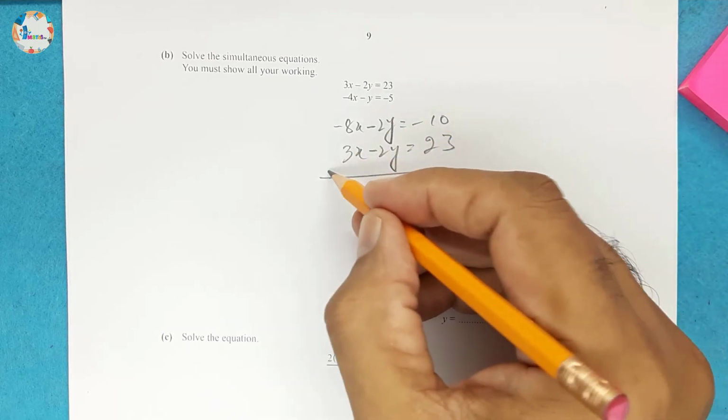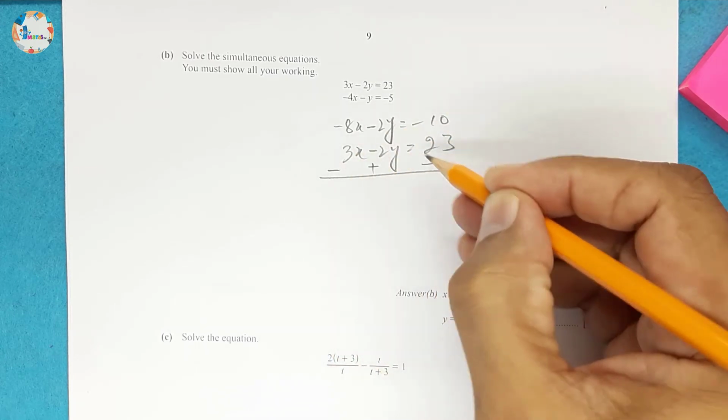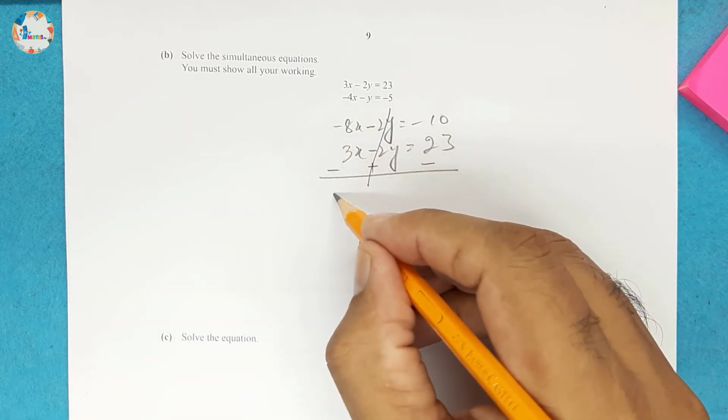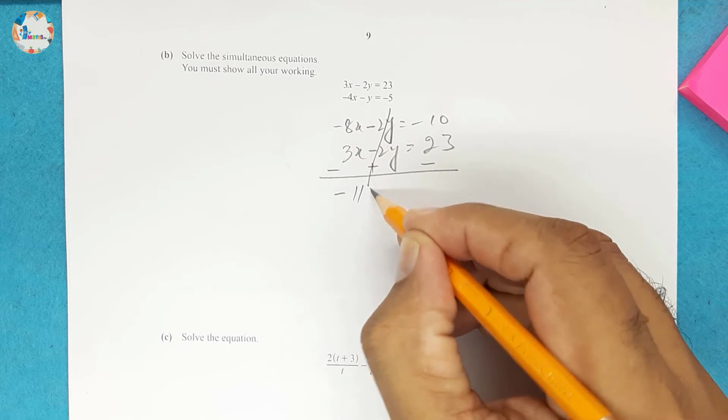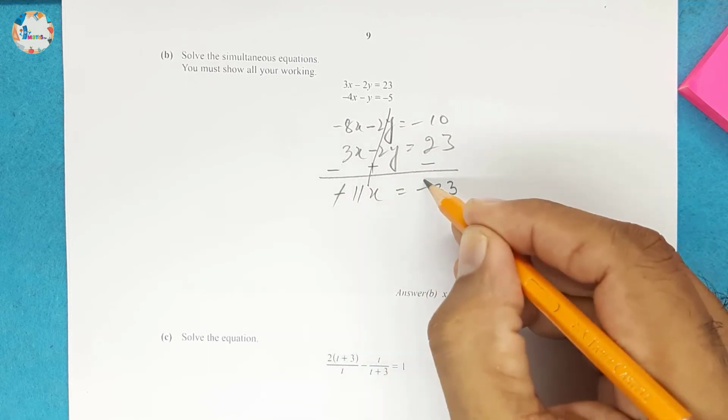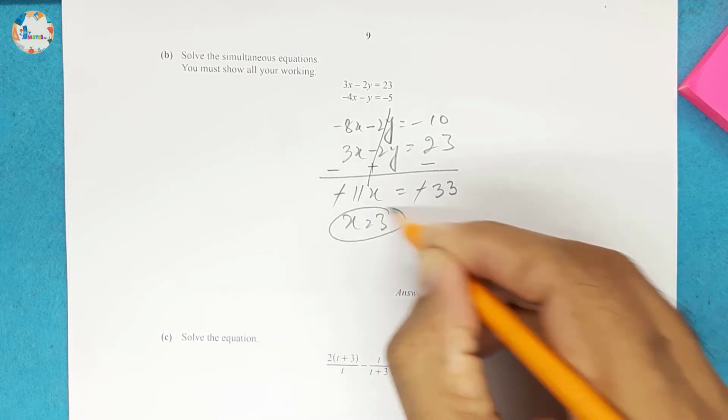Now we will subtract, the signs will change, this will be gone. So this is minus 11x is equal to minus 33, minus is gone, so x is equal to 3 basically.